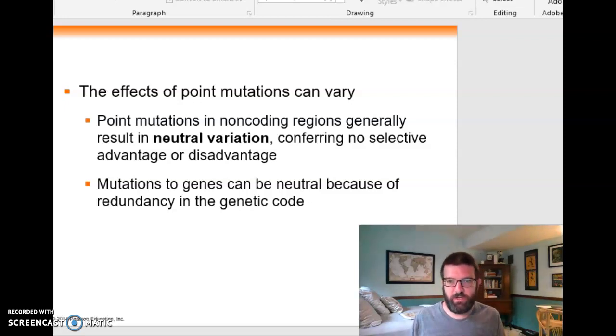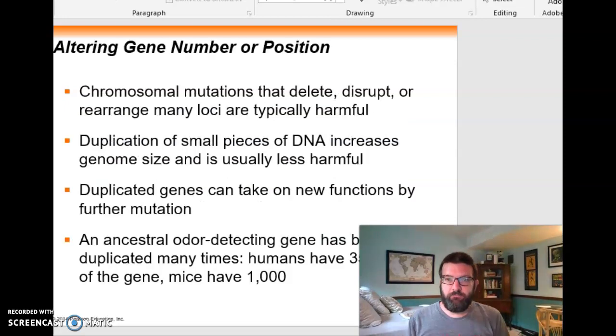And so neutral variation confers no selective advantage or disadvantage, although it can be interesting when you're trying to figure out how long two organisms have been separated, how long it's been since they've had a common ancestor. The more variation, neutral or otherwise, that they have, the longer it's probably been that they've been evolving independently of one another, the longer it's been since they've shared a common ancestor.